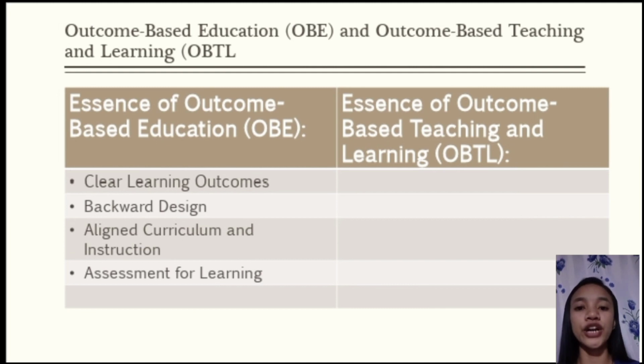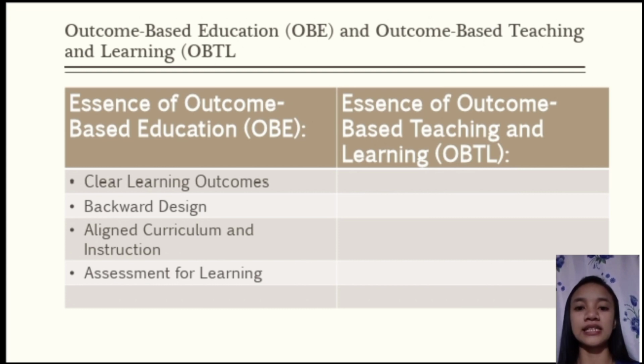Next, assessment for learning. OBE emphasizes the use of assessment as a tool for learning rather than just a measuring of learning. Assessment methods are designed to measure students' progress towards the outcomes and provide feedback for improvement.